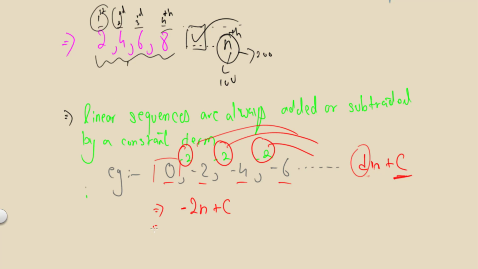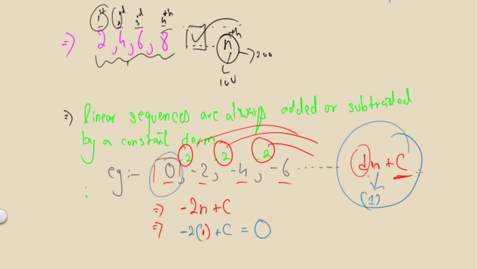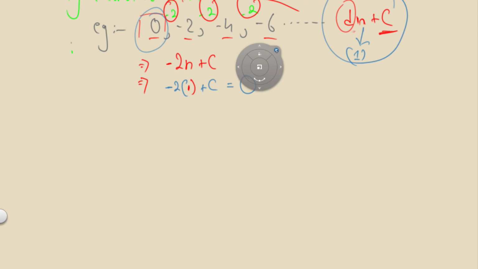So if I make my n to be 1, representing the first term, this should give us the value 0, because the first term is 0. By using this linear equation, I can then figure out the value of c.